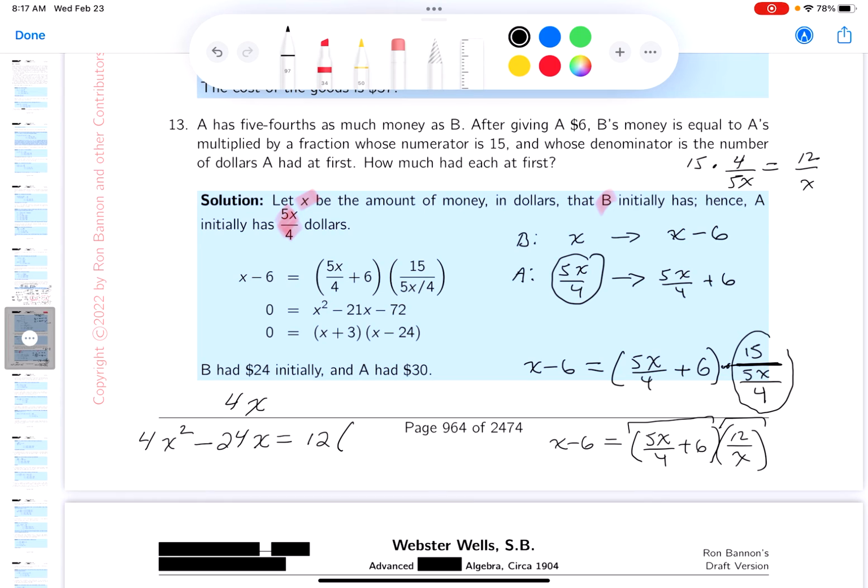And the other one, I'd get 5x plus 24. All right? I got work to do. What do you get over here? 4x squared minus 24x equals 60x plus, oh boy, 240. I'll write this over on the side because 10 times 24 is 240, and then 48. That's going to be 288.